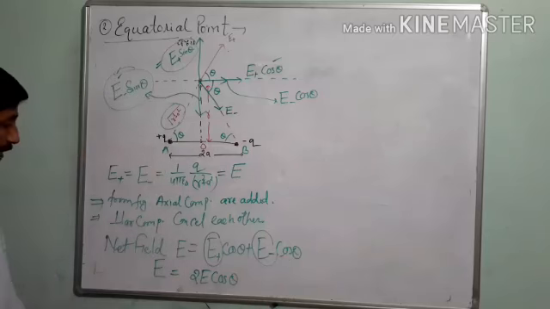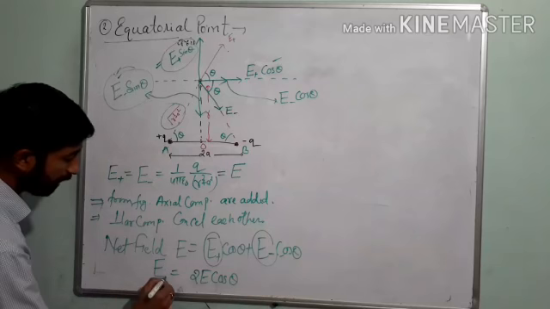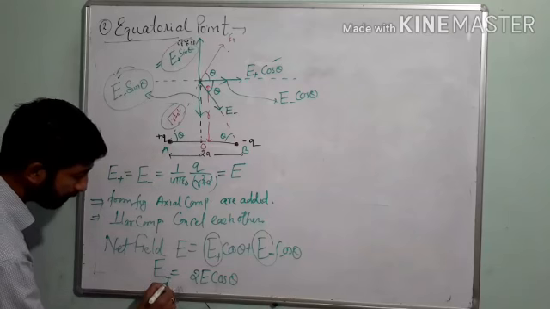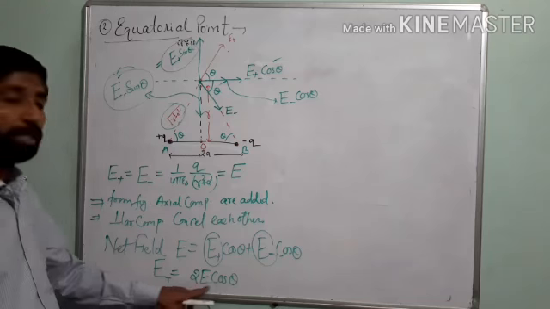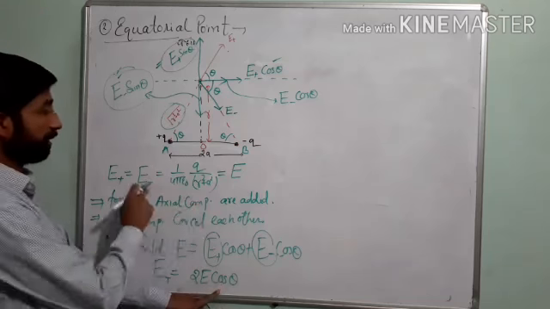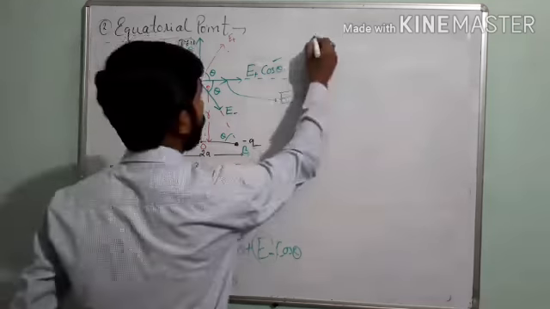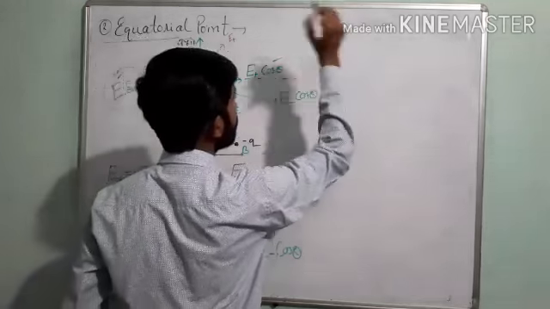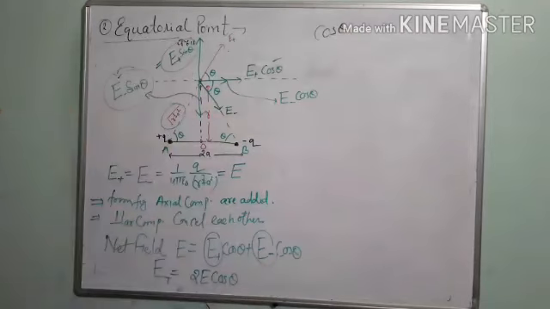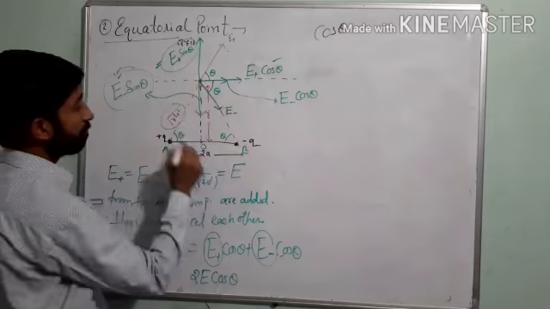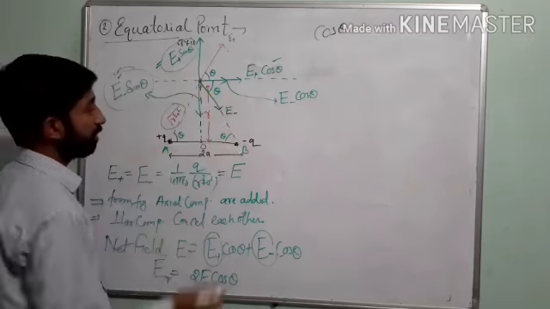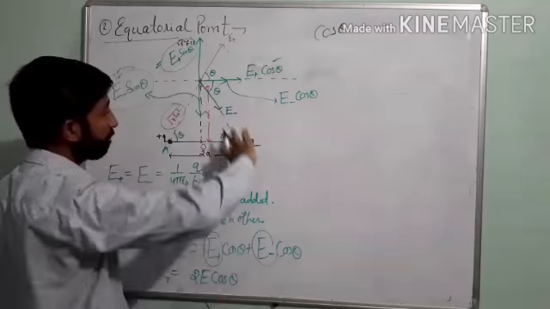Suppose this is the net electric field, I put a subscript T. E total is equal to twice of E cos theta, where E has its central value. Now, what is the value of cos theta? Come to this triangle O, B, P, or any of the triangle: cos theta is equal to base upon hypotenuse.